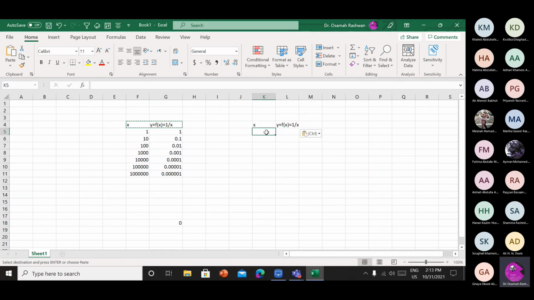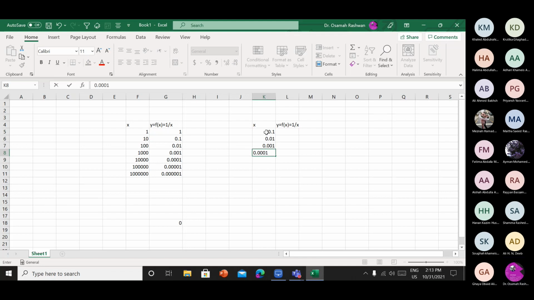If I take 0.1 and then 0.01, 0.001, 1 out of 1,000, 1 out of 10,000, 1 out of 100,000, and 1 out of a million.